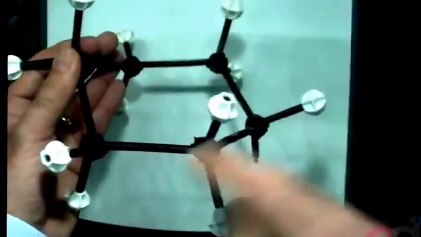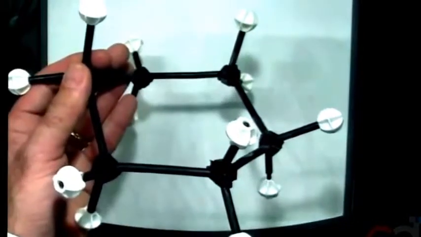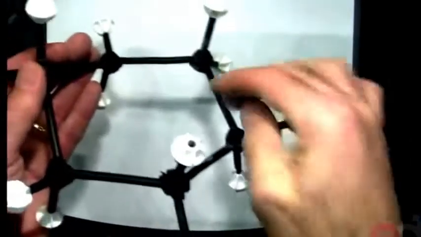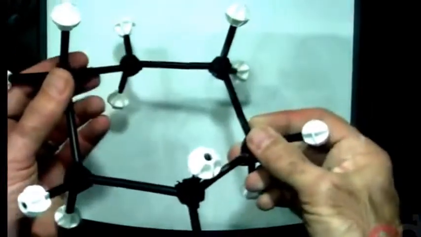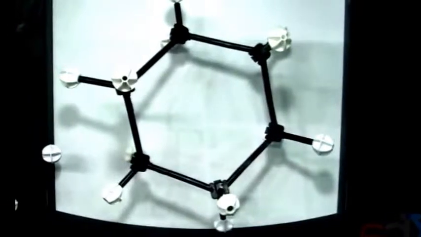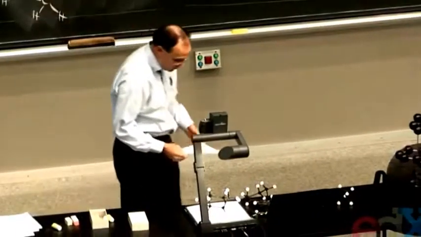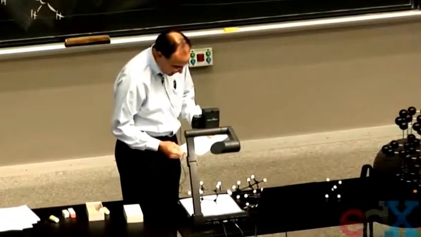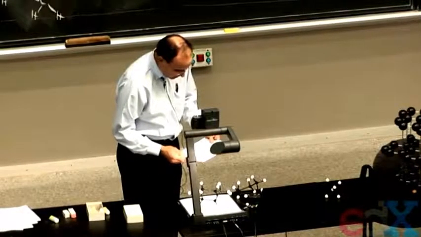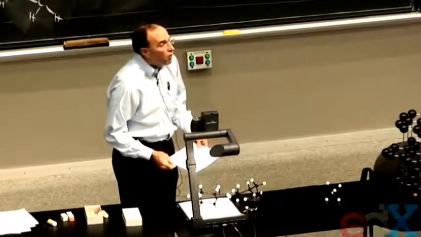So you see what happened, it rotated where the head of the chair was. And that required rotation of 3 bonds simultaneously. So it's not very common, but if you have a mole of them, it happens. So it turns out the activation energy for that is around 42 kilojoules per mole.